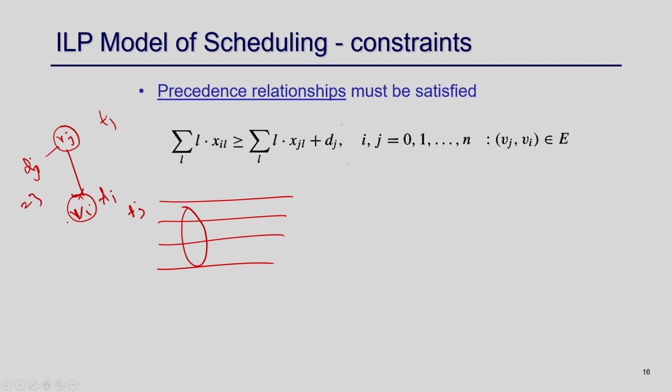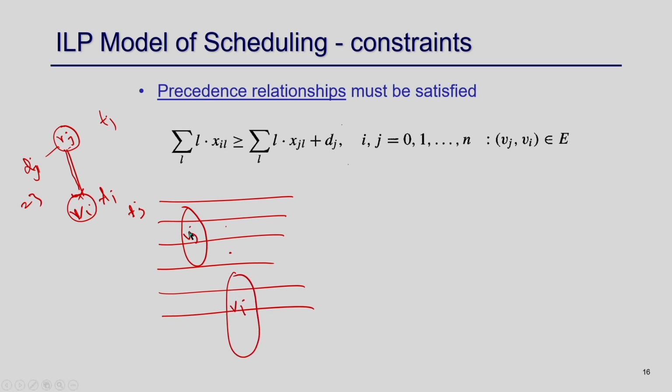When can I start this operation? Only when the previous operation is finished. I cannot start my operation Vi here, because then this data is not available; the output of this operation is not available. I can only start my Vi from here.